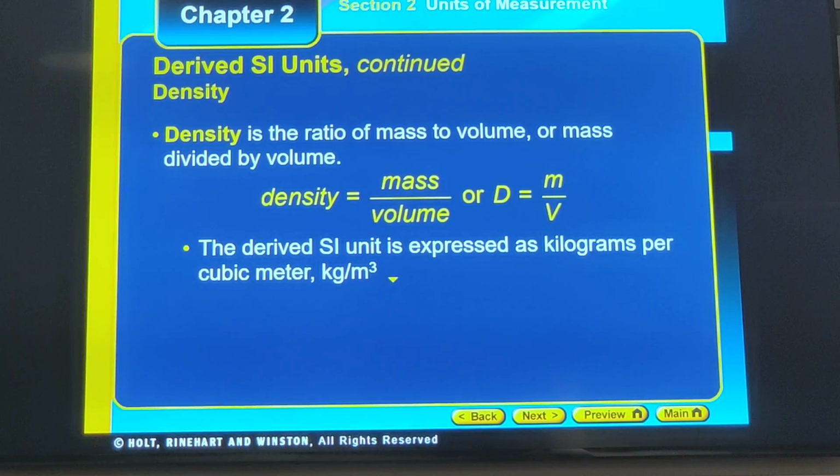Now that's not the way we normally have it. In fact, when you get your periodic table, hopefully soon, they give the densities down here in the corner, and it says that it's in grams per cubic centimeter. So instead of kilogram, we're using just a gram, so we're dividing by 1,000. And instead of a cubic meter, we are using a cubic centimeter.